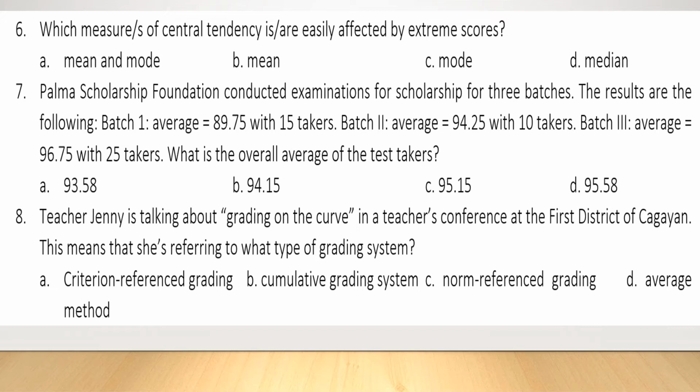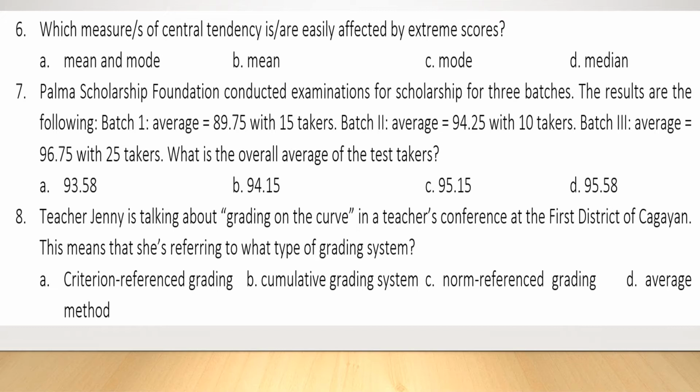Gunya, mo arrive na ka sa 94.15. Okay? Unfair man, bias ang imong pagkuha sa average if you just directly add the 3 averages of the 3 batches, divide 3. Di ka mo arrive sa correct nga average of the test takers. Overall average, particularly.